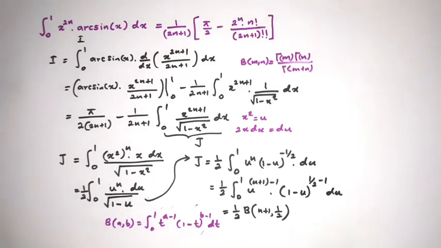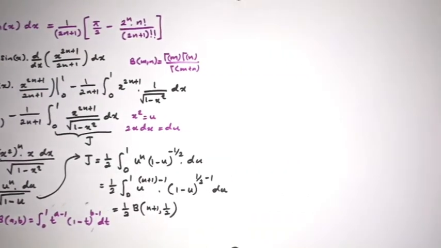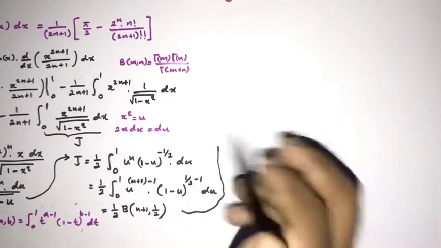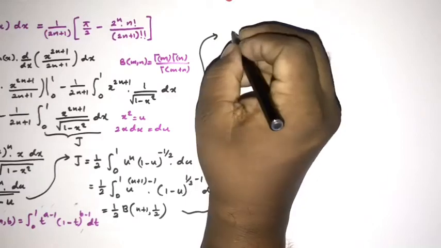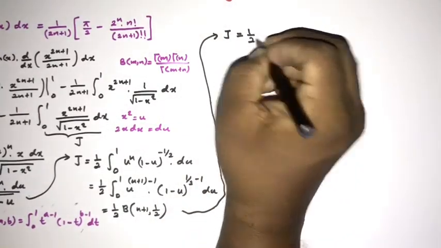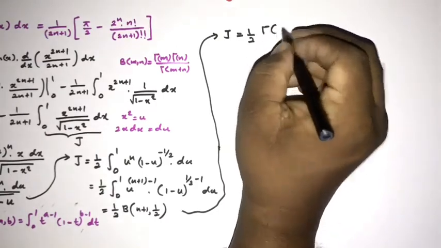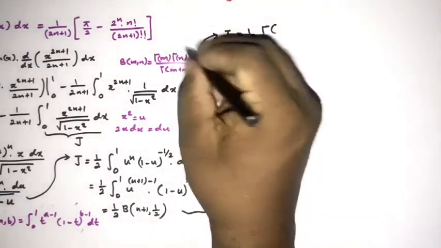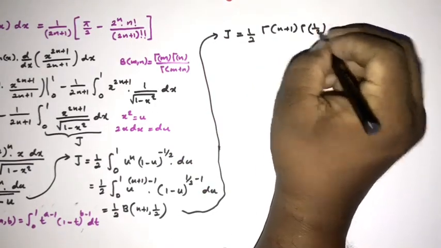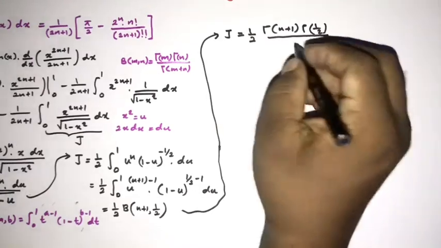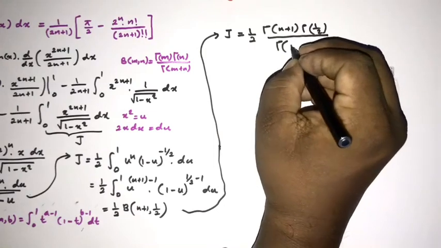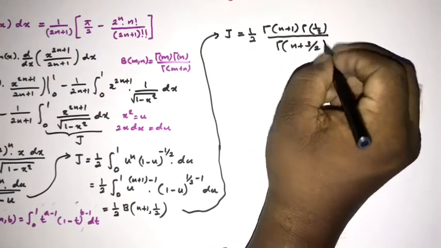So now we can write our integral J is equal to 1/2. Now here, gamma of n plus 1 according to this formula, gamma of n plus 1 gamma of 1/2 over gamma of n plus 1 plus 1/2, so we know n plus 3 over 2.